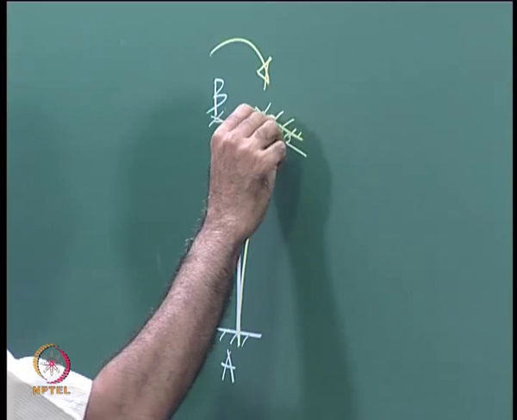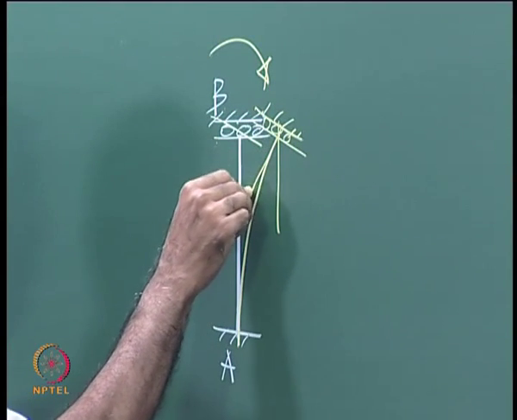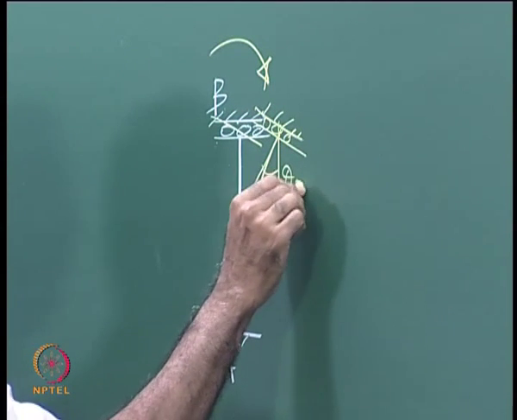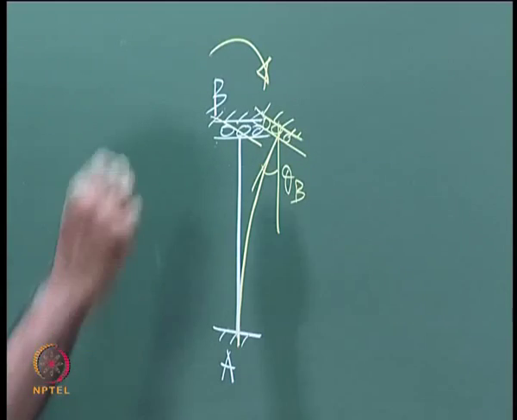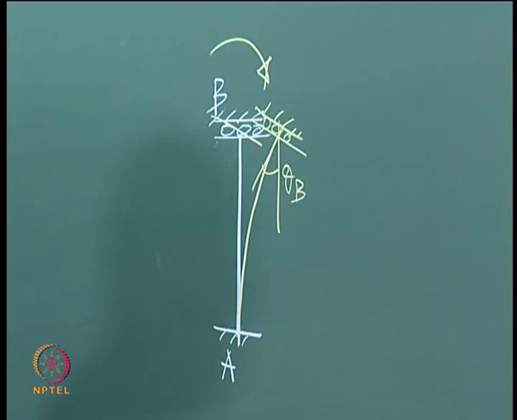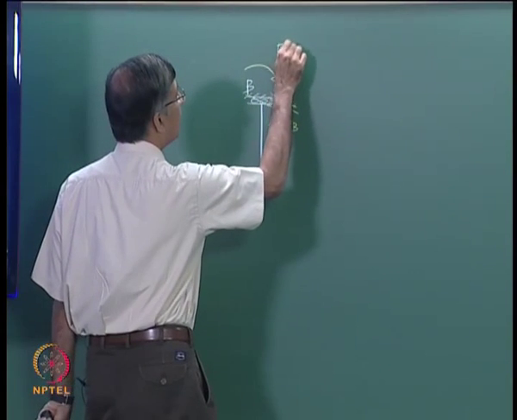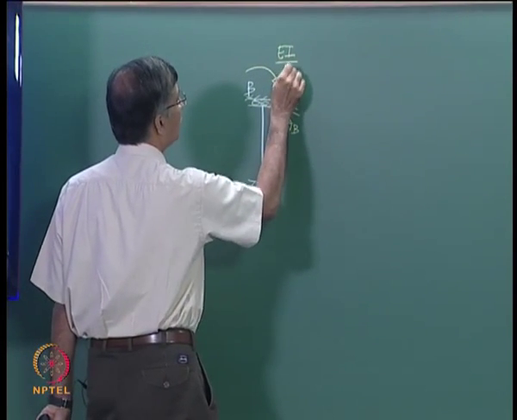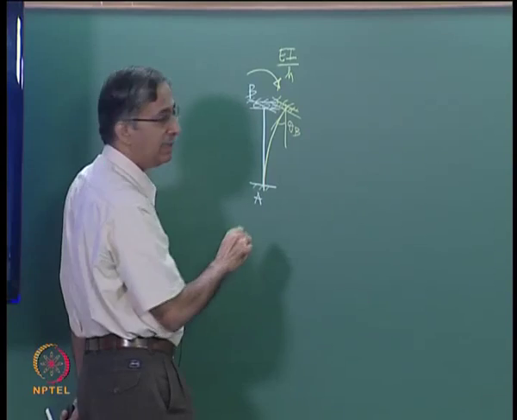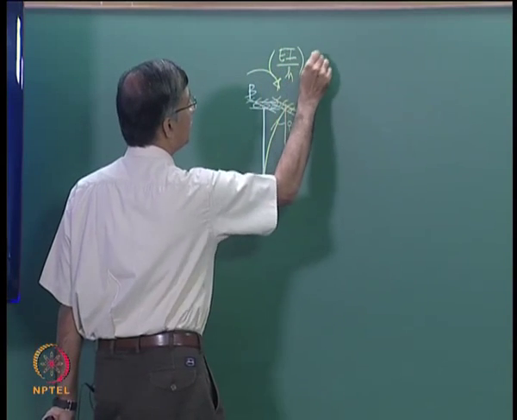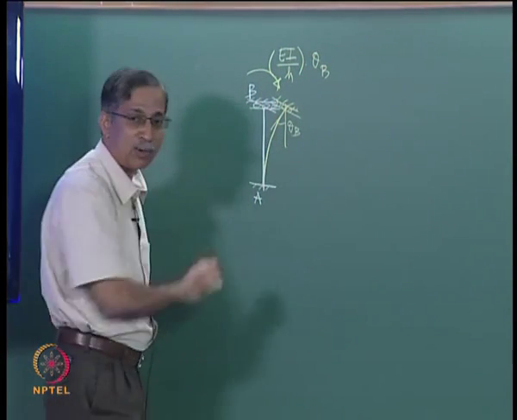Now if this angle is theta B, what will be the moment that you get there? The stiffness for a cantilever is well known, it will be EI into the height of this column into theta B. It will be clockwise.